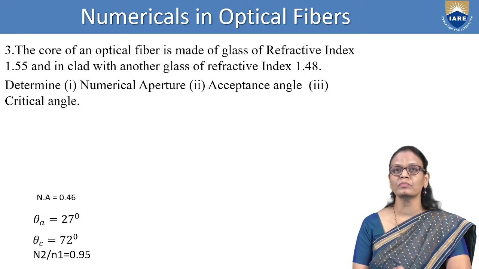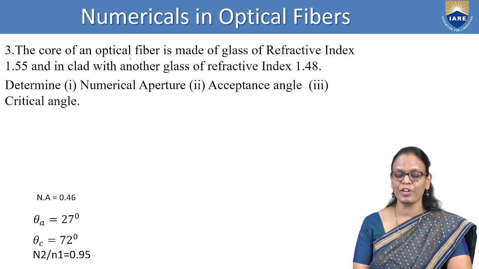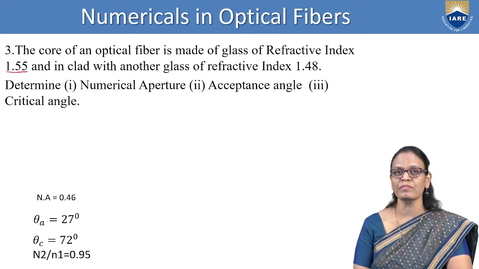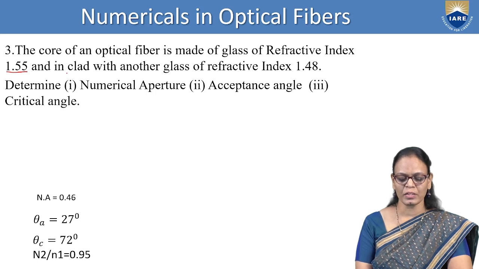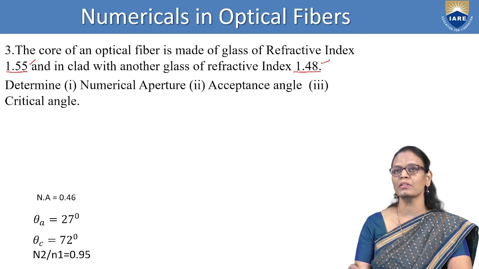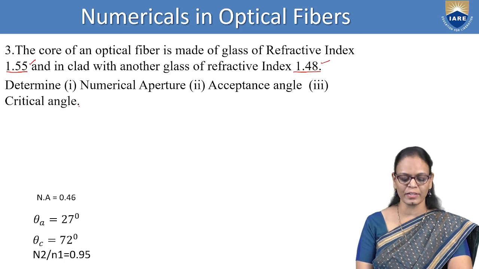Now the third one. The core of an optical fiber is made of glass of refractive index 1.55 and it is clad with another glass of refractive index 1.48. So this is the refractive index of the core and this is the refractive index of the cladding. Determine the numerical aperture, the acceptance angle and the critical angle.